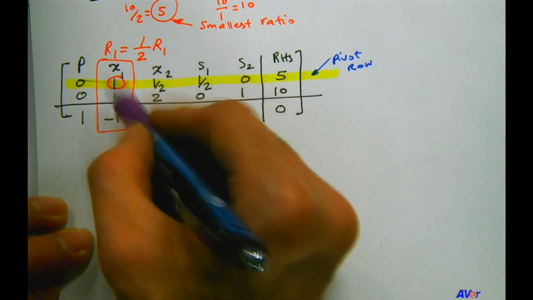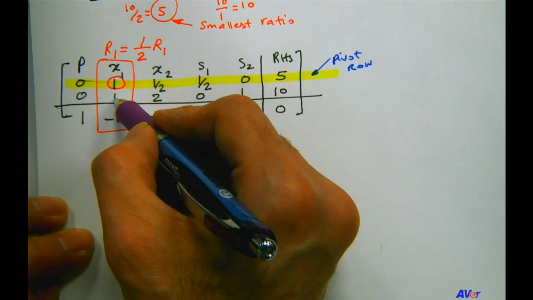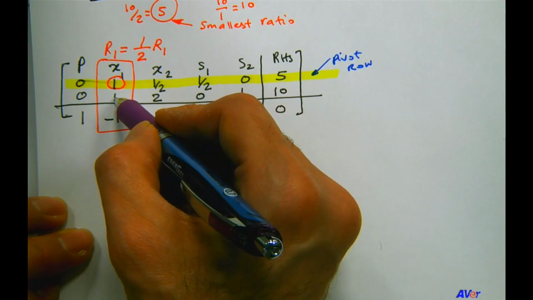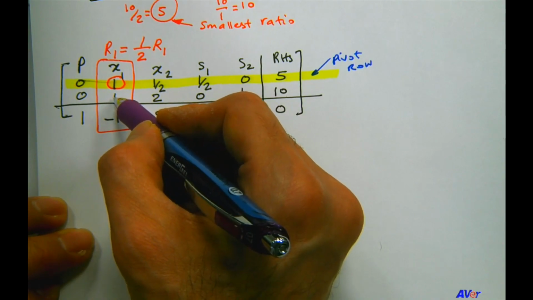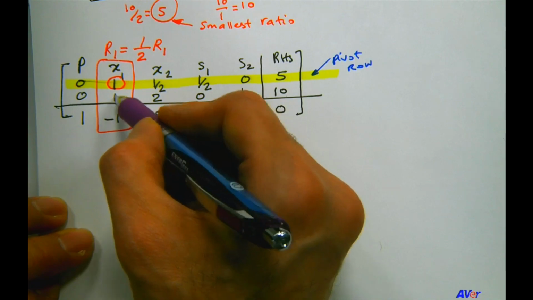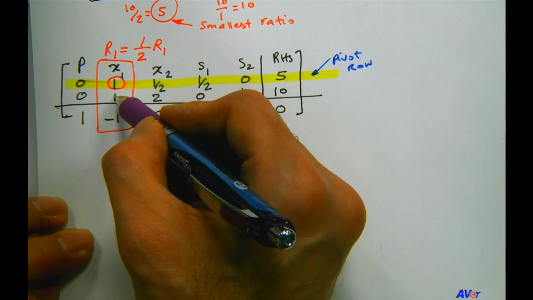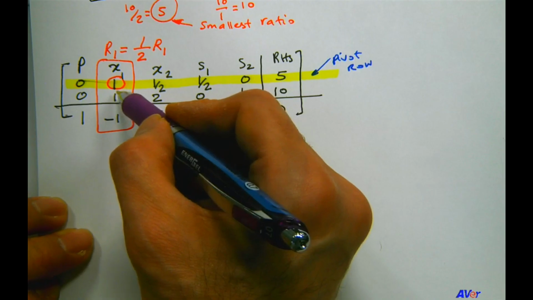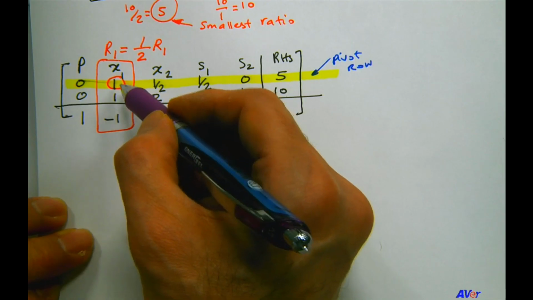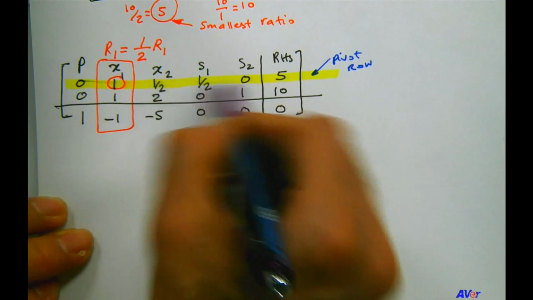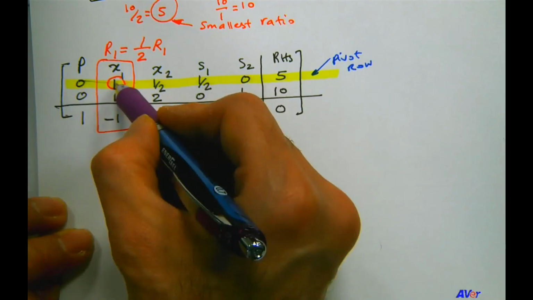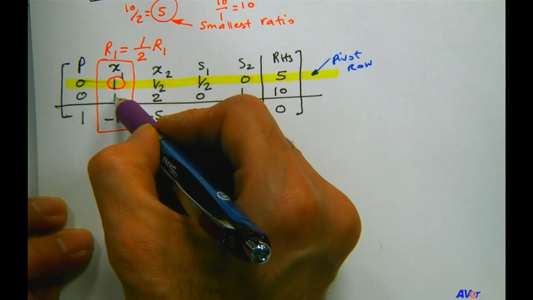Okay, so how are we going to get this 1 in this pivot column to be 0? All we need is a -1 to add to this one to get it to be 0, right? So where is the -1 going to come from? It's going to come from multiplying the pivot row by -1 and then adding it to the second row.